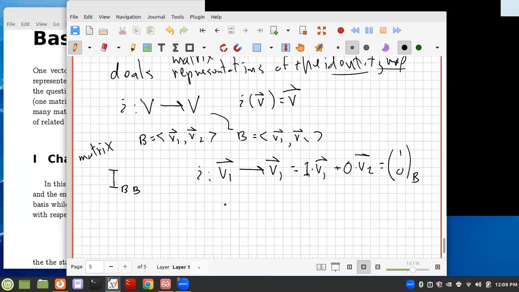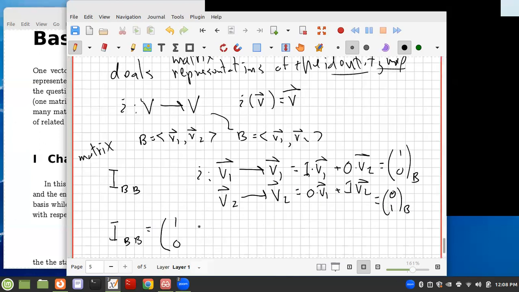Now I want to find the image of the second basis vector, V2. It's the identity map, so it goes to V2, but that's equal to 0 times V1 plus 1 times V2. And that equals the column vector (0, 1) in basis B, because the representation is always a column vector. So I, from basis B to basis B, equals the matrix [[1, 0], [0, 1]].